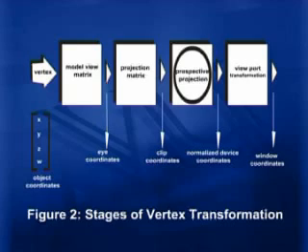These clip coordinates then go through the perspective division. Output of this step is normalized device coordinates. And finally, we perform the viewport transformation, the result of which is the window coordinates. So these are the stages that vertex transformations would go through.